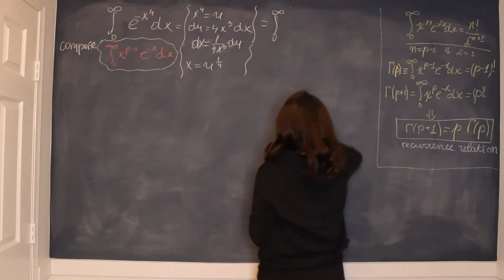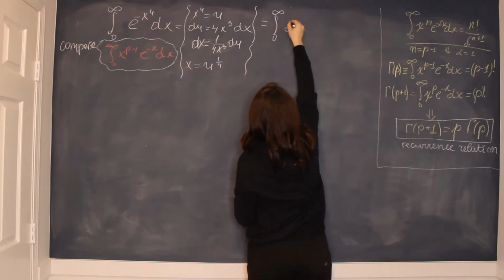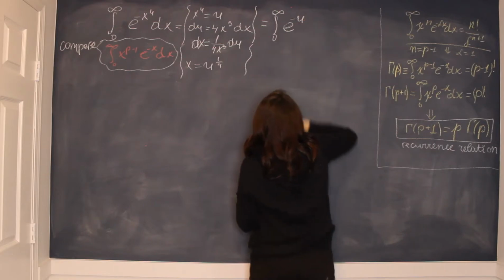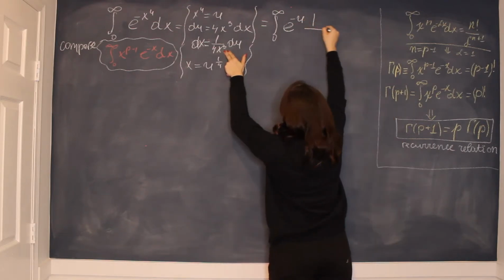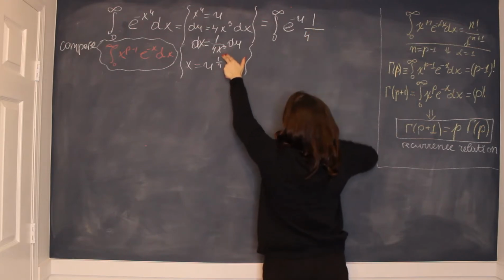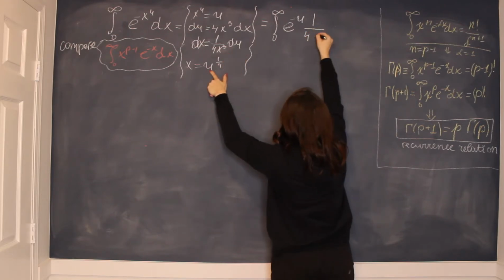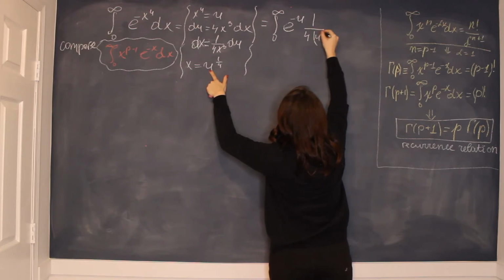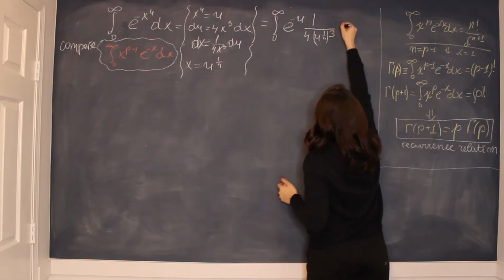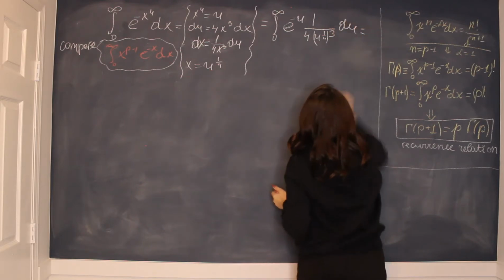So we have e to the power of minus u, and our dx is now 1/4, x is u to the 1/4, and cubed, du.